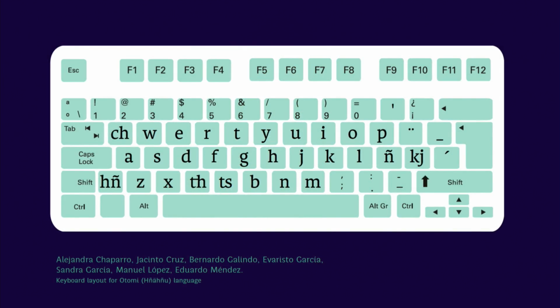And now we have this keyboard layout, and it's simpler for them to write their own language. And we're looking at whether we can distribute it via the website of the institute, or I don't know.